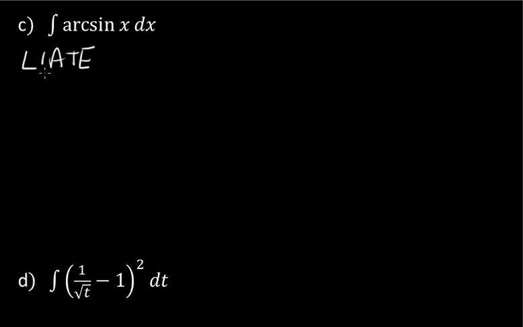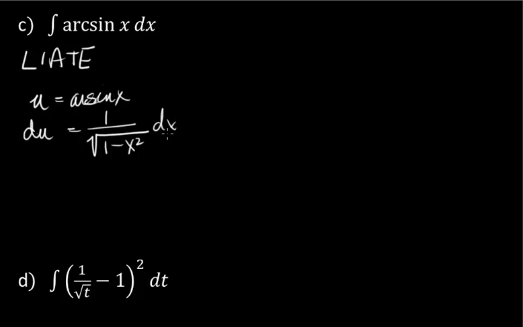So this is an inverse trig, and it is a good candidate for u. So we let u be arc sine x, and therefore du is 1 over the square root of 1 minus x squared dx.